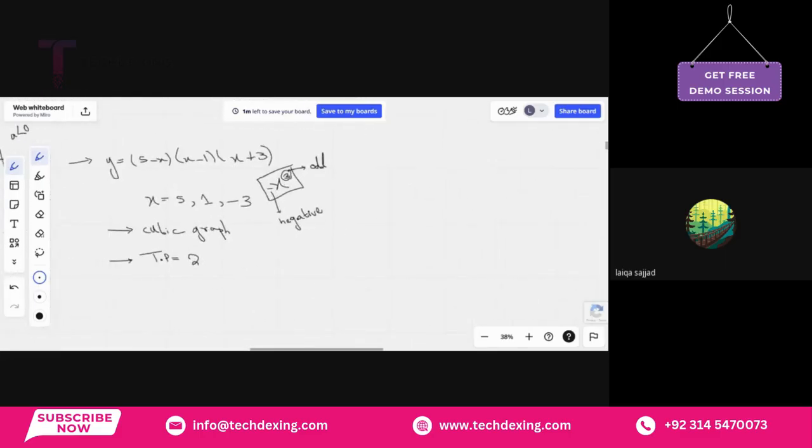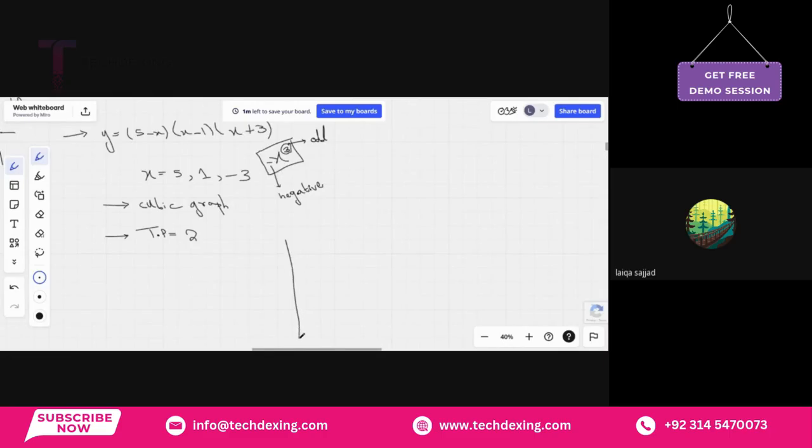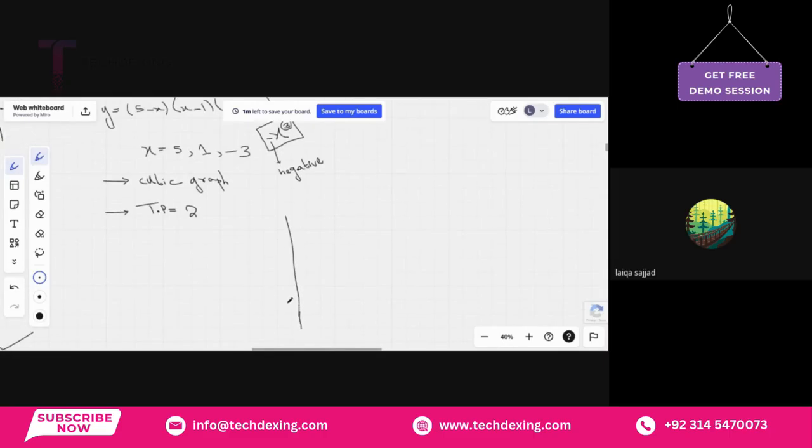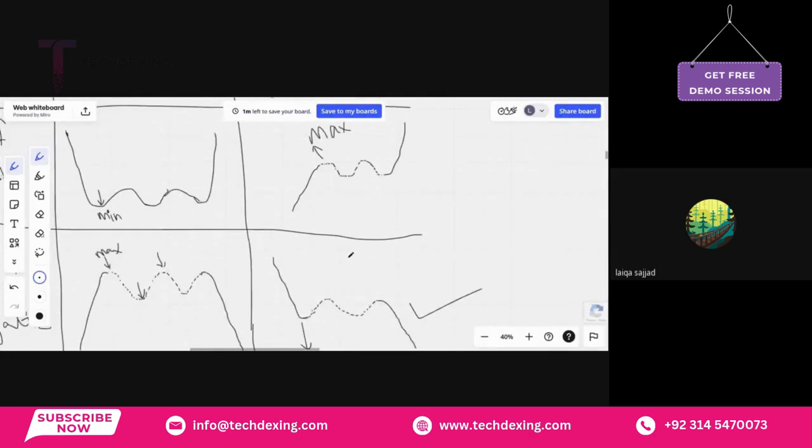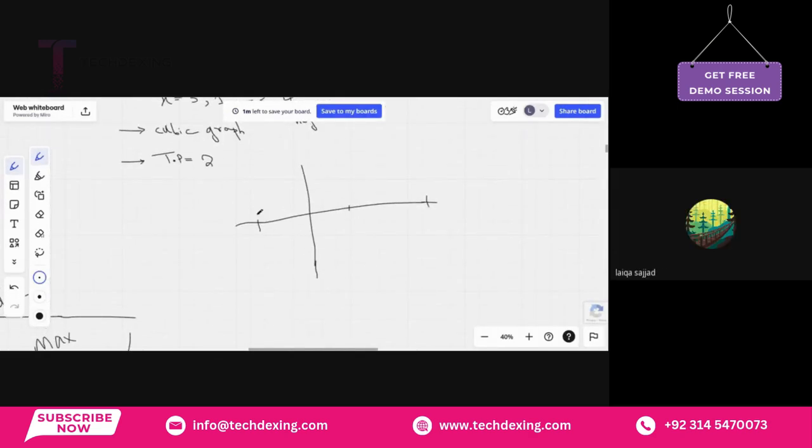So drawing the graph, we have got our x-intercepts. They are -3, 1, and 5 like this. So you can see we will start from this end, which should cut the graph at this point.